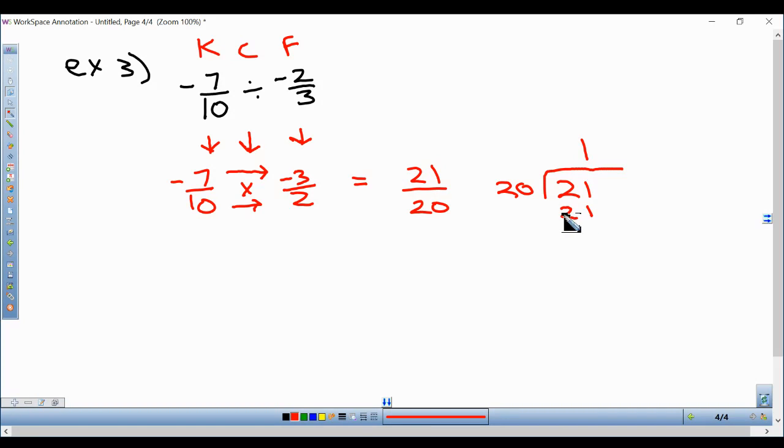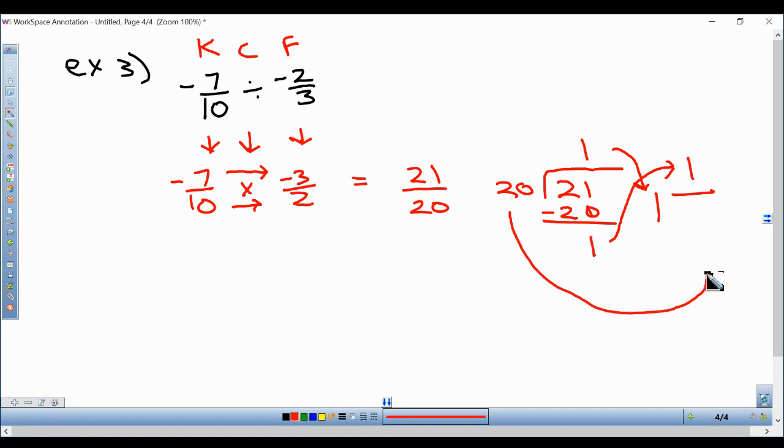And 21 minus 20 gives me a remainder of 1. So my answer is going to be my whole number, 1. My remainder is my numerator, and my denominator is always the same, never changes, or it's the number on the outside of the house.